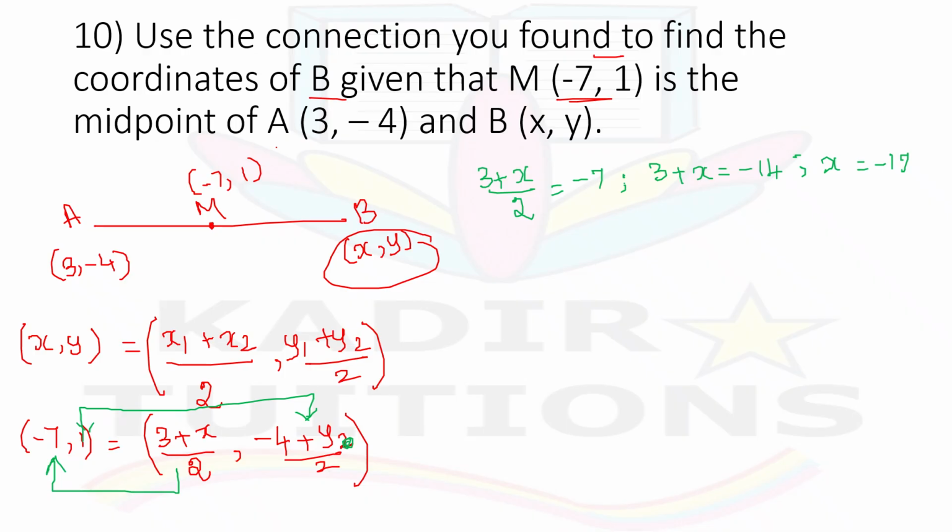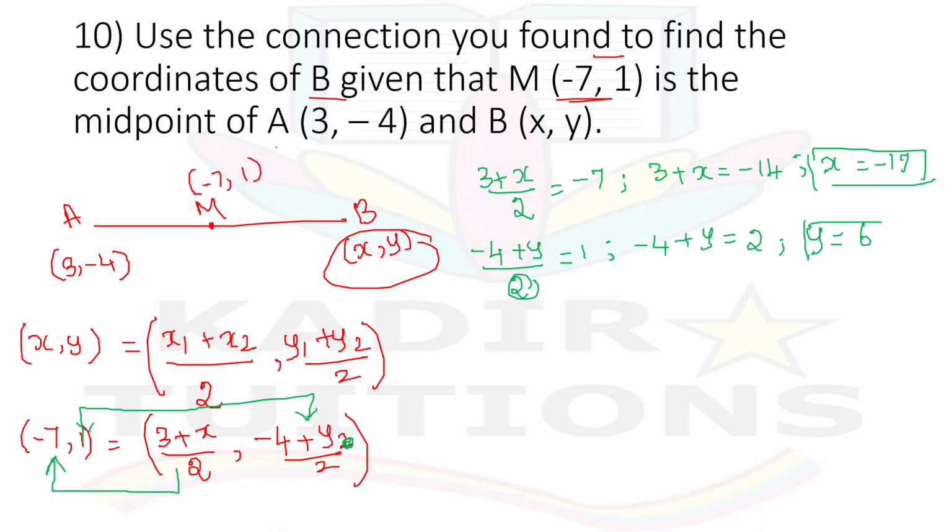Over here, minus 4 plus y by 2 equal to 1. This 2 from the denominator, we can move to the RHS. So it will be minus 4 plus y equal to 2. And then minus 4, if you move to the other side, it's going to be plus 4. So 2 plus 4 is going to be 6. So we got the x value as minus 17 and the y value as 6.